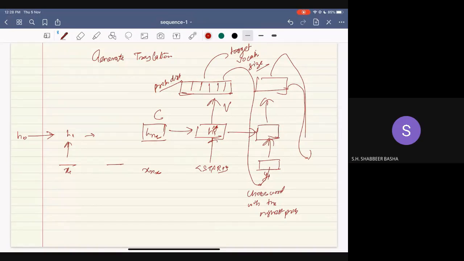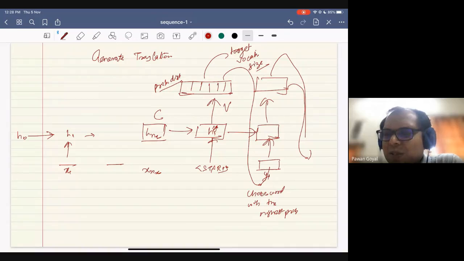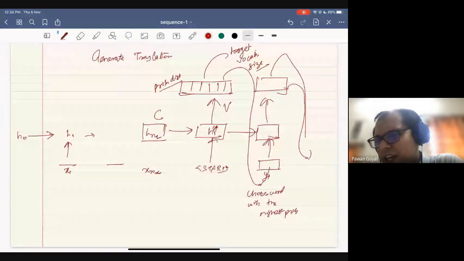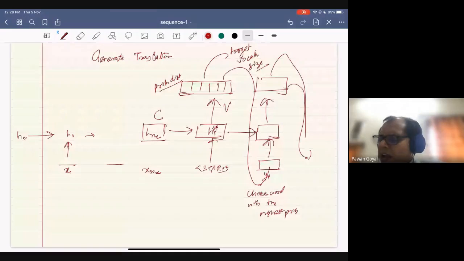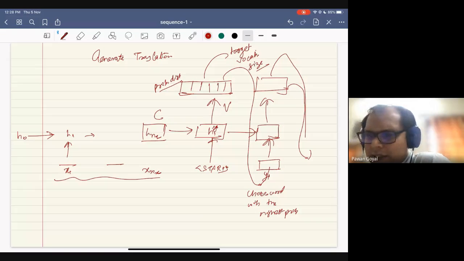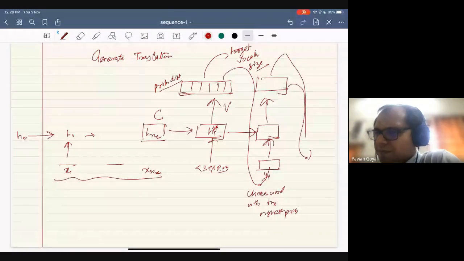Sir, please repeat the question. Yeah. So you see, now I have trained my encoder decoder model. So that means all my 5 matrices are trained. Now I'm given a sentence, x1 to xnx, in the source language, and I have to generate a translation of that. So what I was showing, yes, I will get the context here.